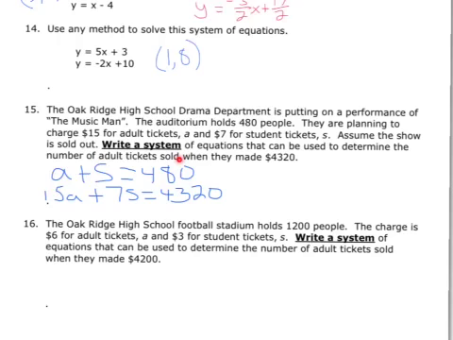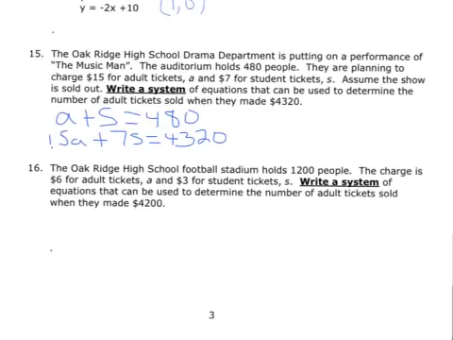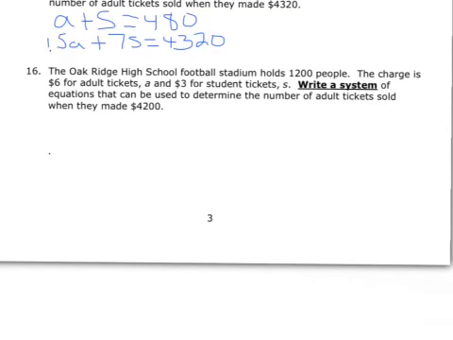Okay, 16. The Oak Ridge High School football stadium holds 1,200 people. The charge is $6 for adult tickets, A, and $3 for student tickets, S. Write a system of equations that can be used to determine the number of adult tickets sold when they made $4,200. Okay, this is the exact same type of problem.